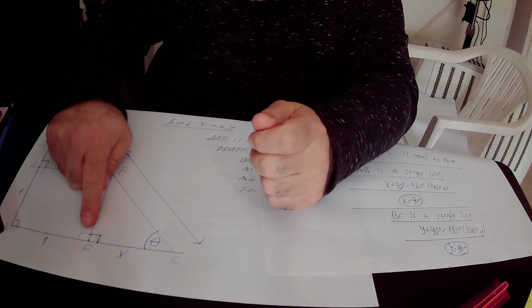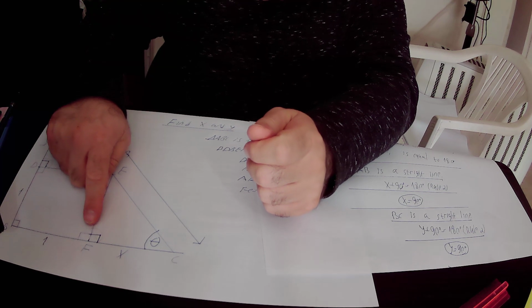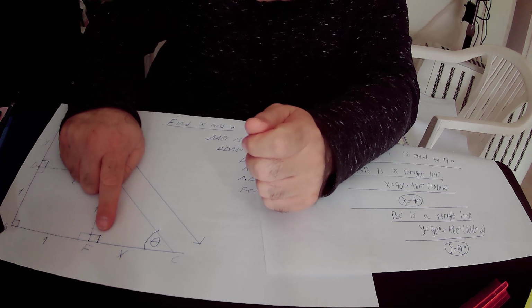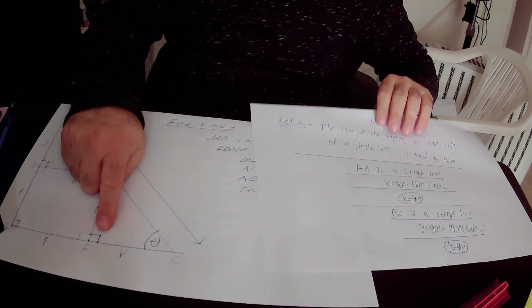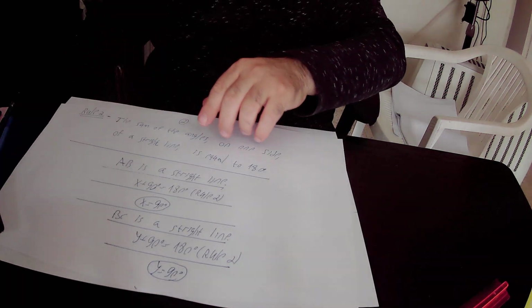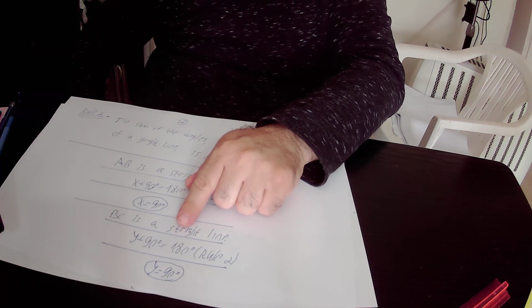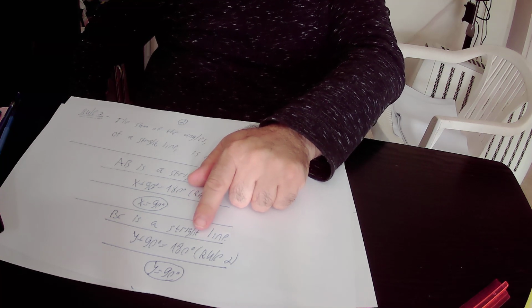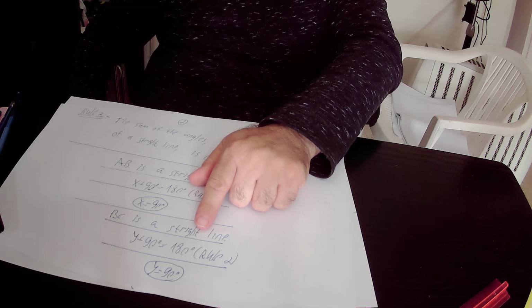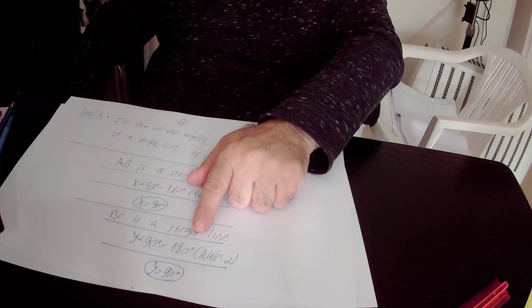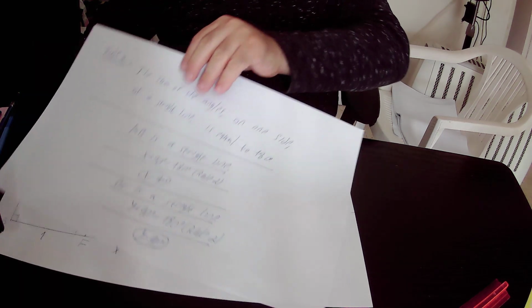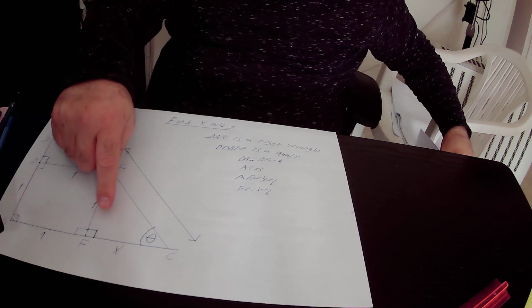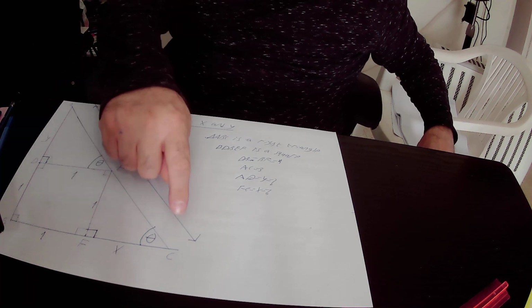So this angle that equals 90 degrees, plus this angle that we defined as angle Y, in total the sum of those two angles must be equal to 180 degrees. So Y plus 90 degrees must be equal to 180 degrees. We subtracted 90 degrees from this equation, and we found out that angle Y equals 90 degrees. So angle Y is a right angle, therefore triangle EFC is a right triangle.